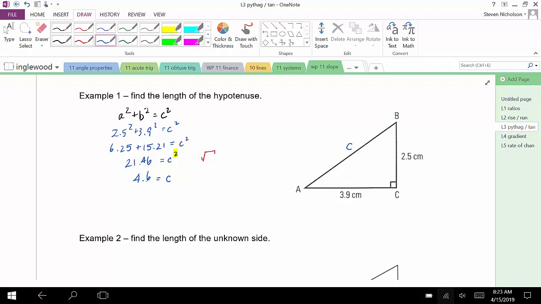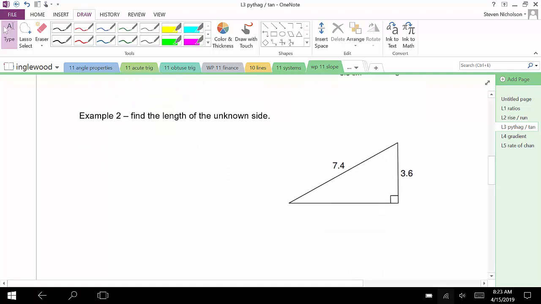So when we are asked to find the hypotenuse, we plug the numbers in, we add those two numbers together, and we take the square root. Well, when you want to find an unknown side, it's just a little bit trickier. But again, we have a right triangle and we have two of the sides, so we start off with our formula and then we plug it into the appropriate place.